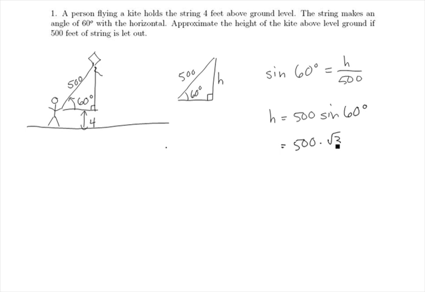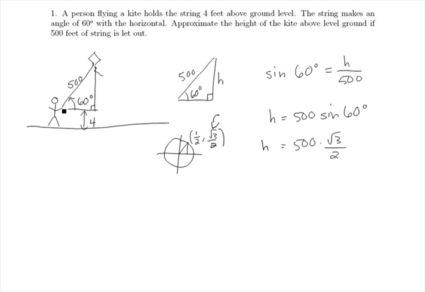Again, think of this as being the sides of a unit circle. So if we had 60 degrees here, the coordinates would be 1/2, radical 3 over 2, and so there's the sine of 60 degrees. So there's the height of the kite relative to where the person's holding it.